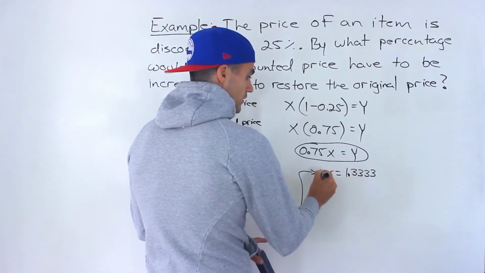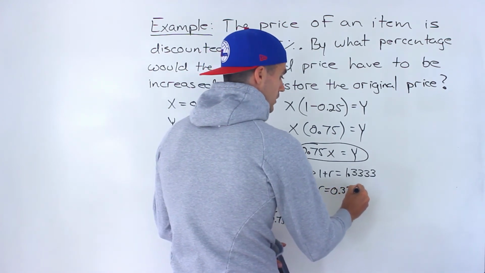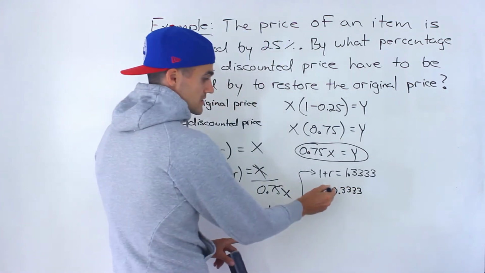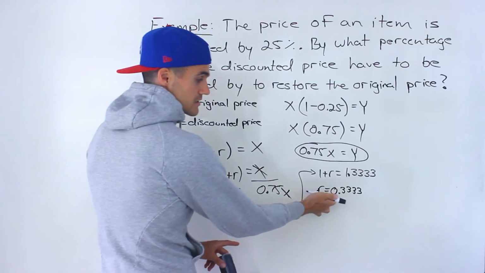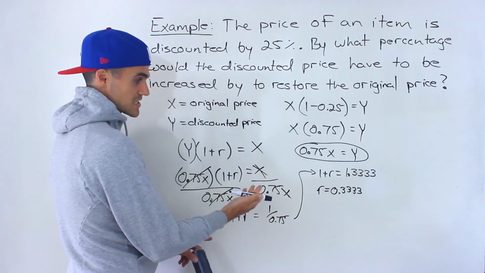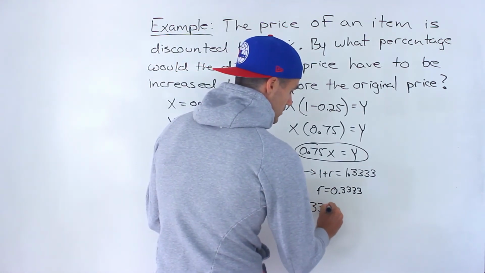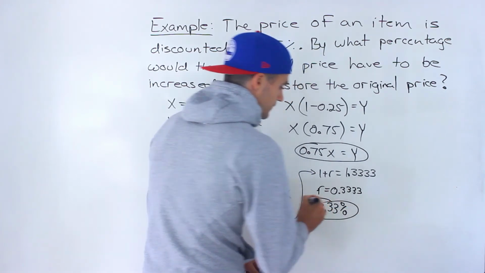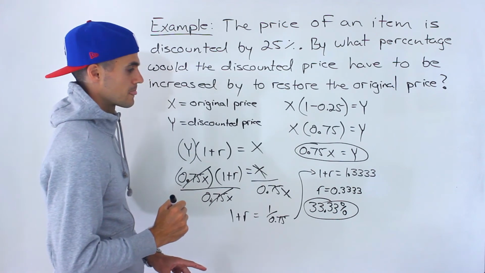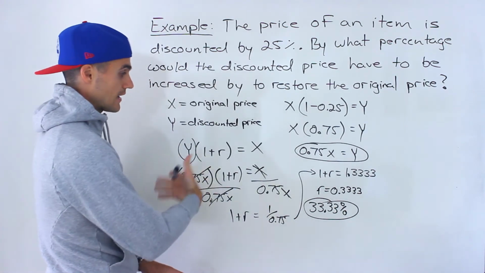And then we bring the 1 over, so r would be 0.3333. And remember, this r here is in decimals. And notice it's positive, so we're increasing as we expected. And so the increase is 33.33%. So that's the answer, right? That's how much you're going to have to increase that price by.